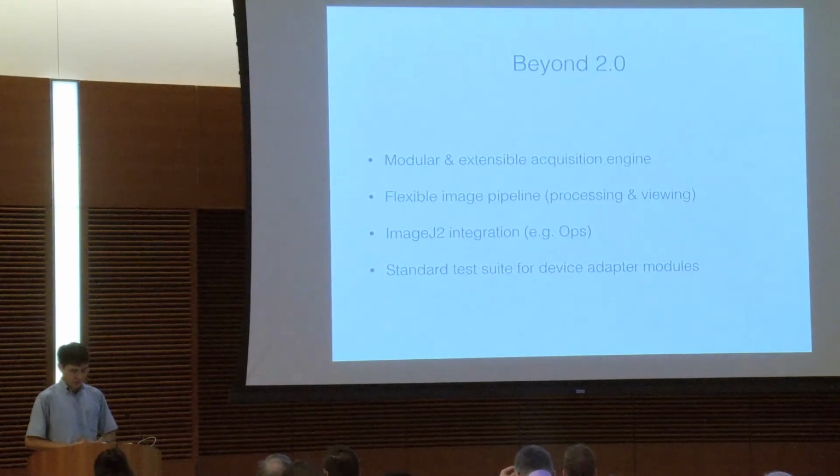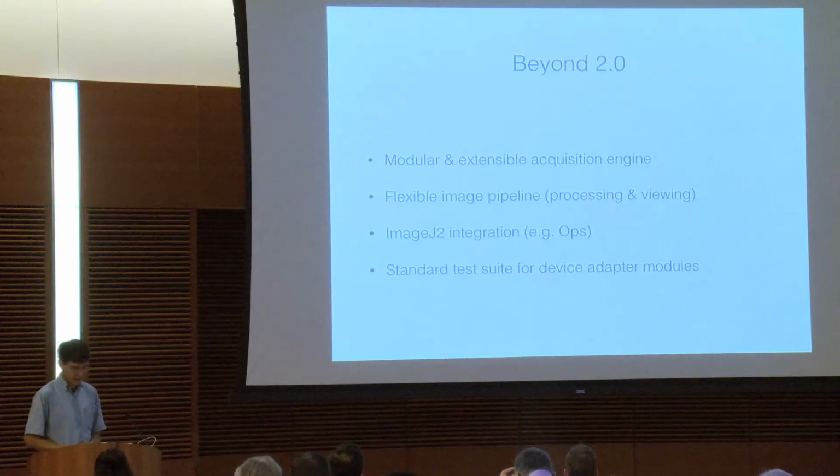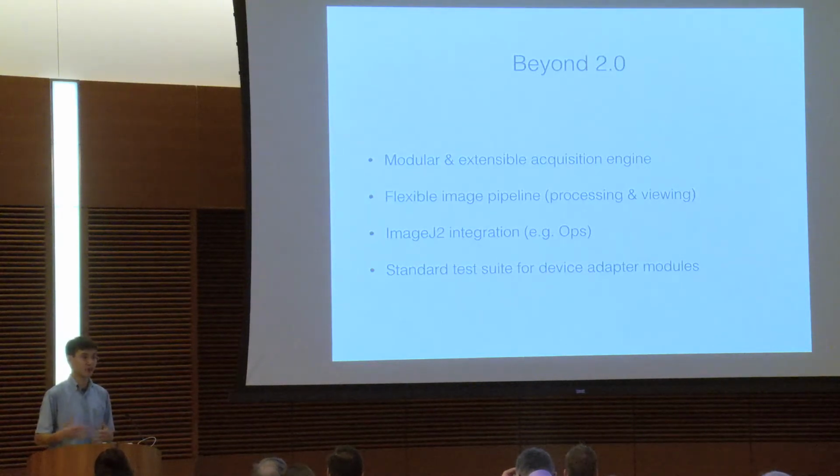Beyond 2.0, we have a number of ambitious projects that we're thinking about. And we're currently designing a modular and extensible acquisition engine to replace the current code that's behind the multidimensional acquisition. And this will allow more flexible control and also better customization by programming. We're going to add a more flexible image processing facility, which I'll talk about in the next slide.